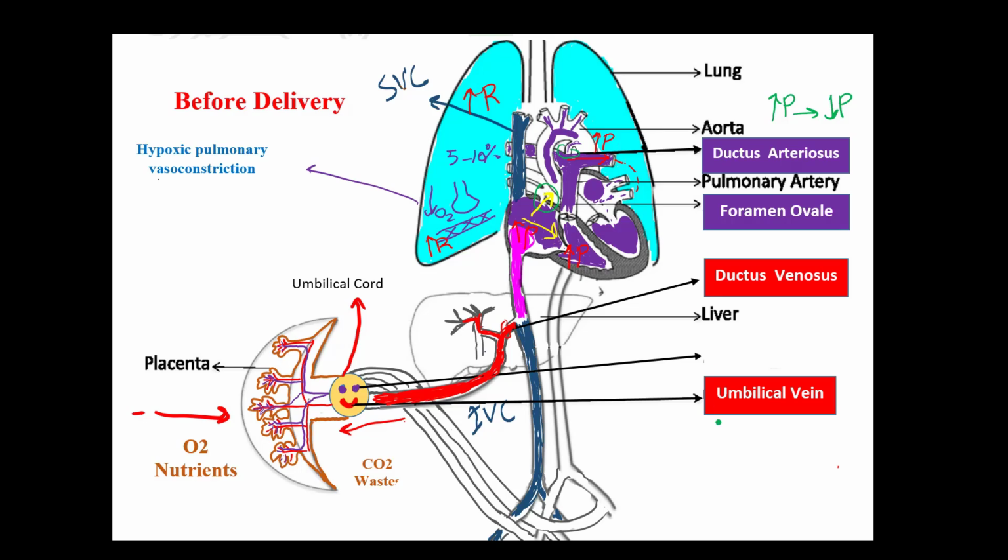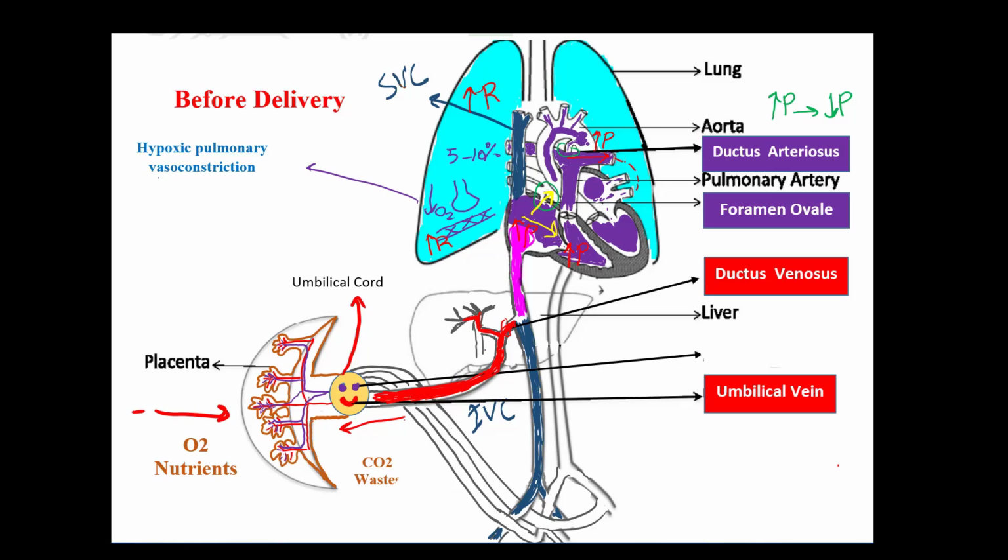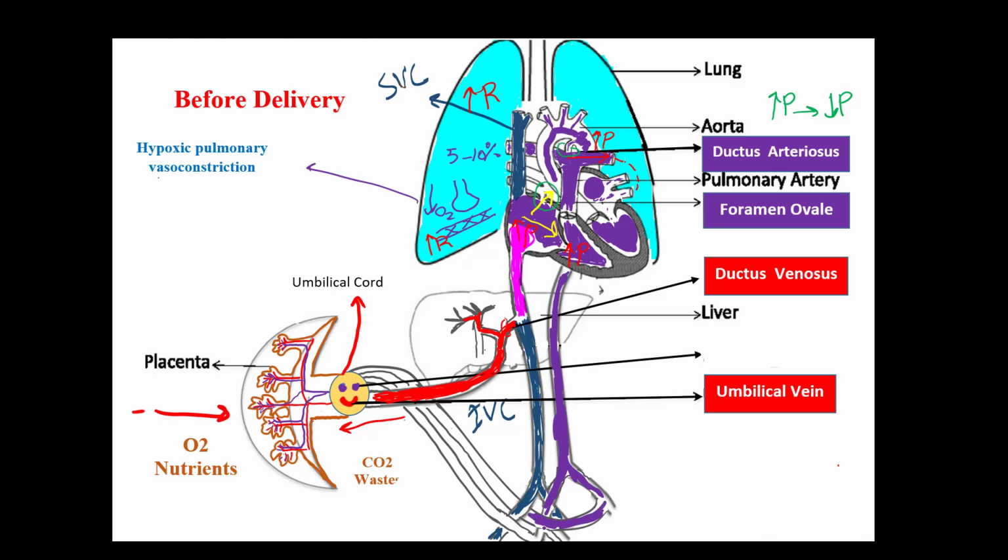Also the blood in the aorta goes down to the thoracic artery, abdominal artery, and down to the lower part of the body and to the internal iliac artery.